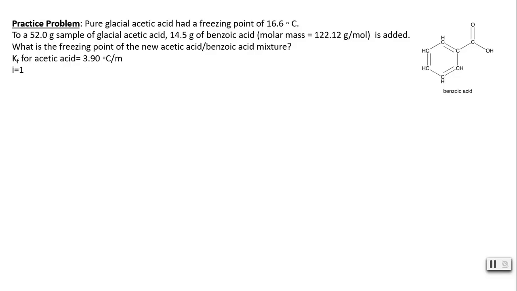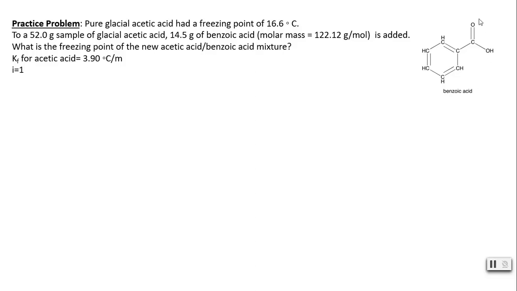So let's say we have pure glacial acetic acid, and I give you that it has a freezing point of 16.6 degrees Celsius. So I have a pure solvent and I give you the freezing point. To a 52-gram sample of that solvent, I add an impurity, a solute, specifically 14.5 grams of benzoic acid.